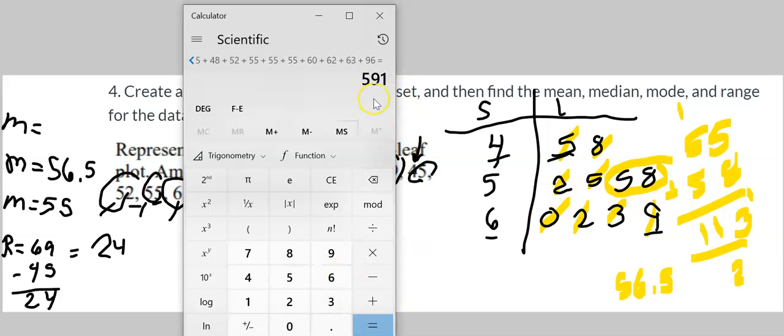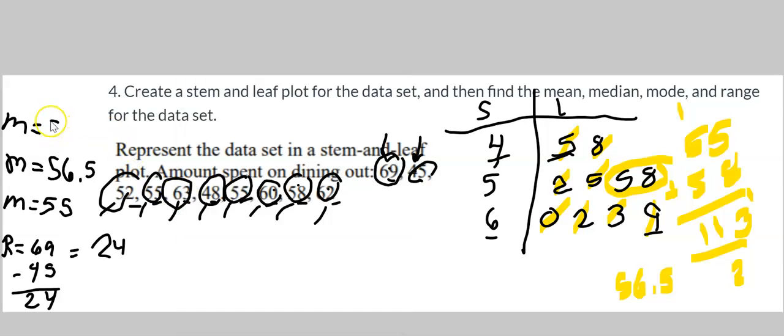And then I'm going to divide that by 10. And my answer is 59.1. So that's how you create a stem and leaf plot, and then find the mean, median, mode, and range of a given set of data.